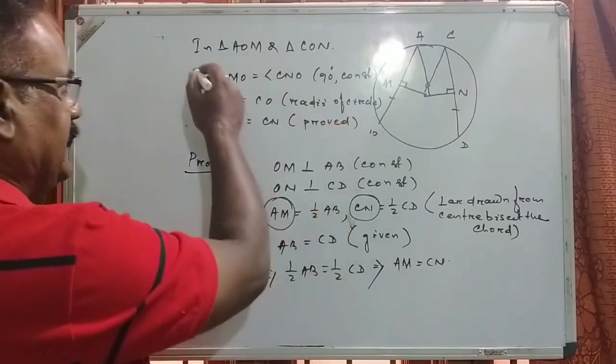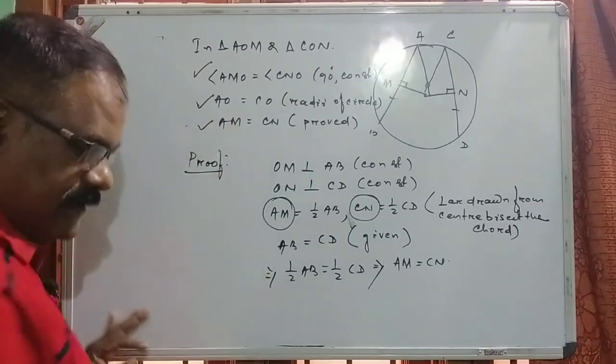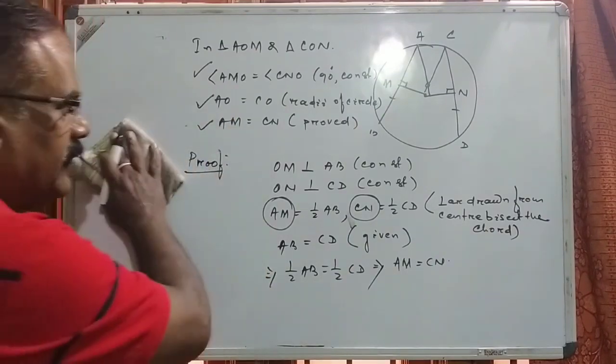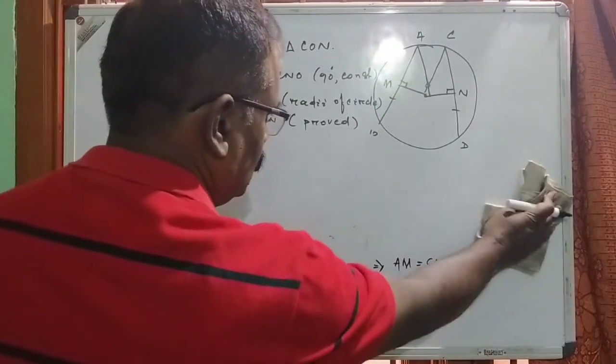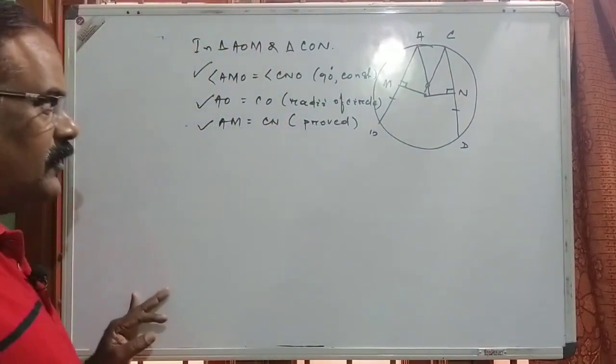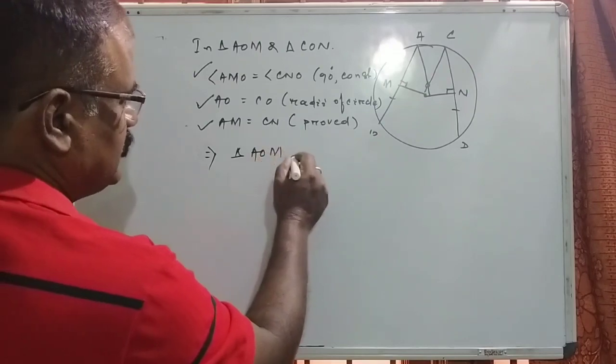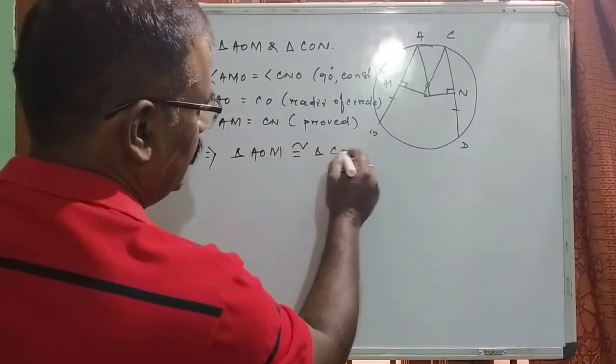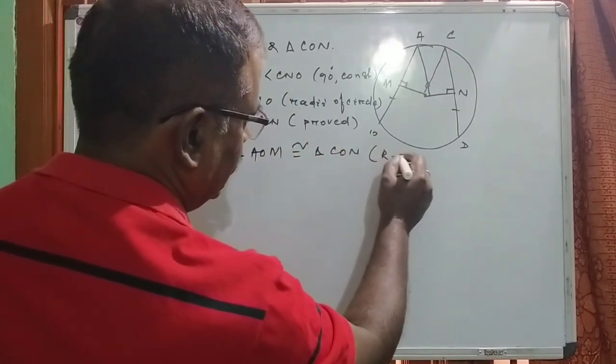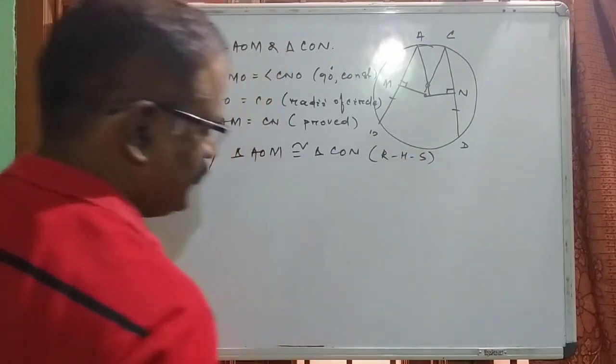Therefore by right angle, hypotenuse and side, these two triangles are congruent. Therefore we can say that triangle AOM is congruent to triangle CON by the right angle, hypotenuse and side postulate.